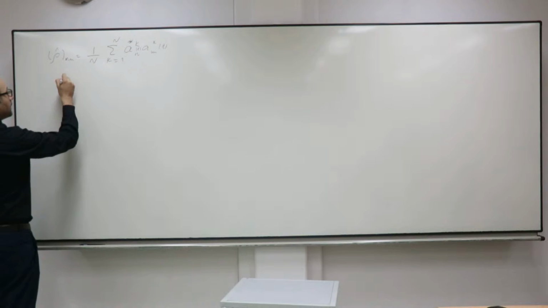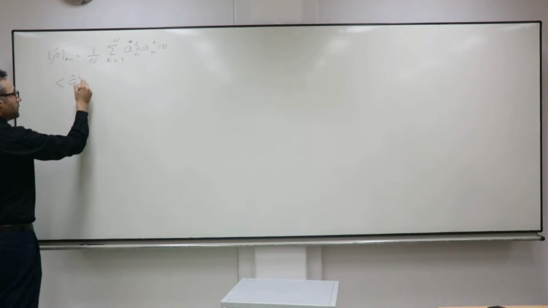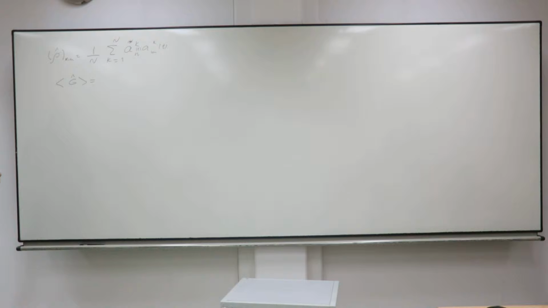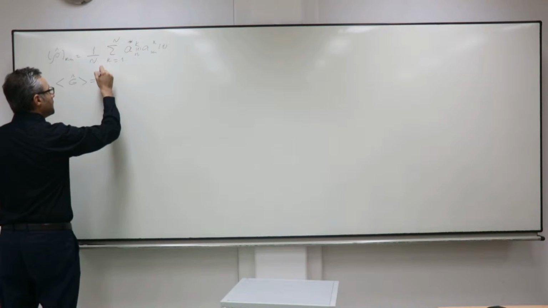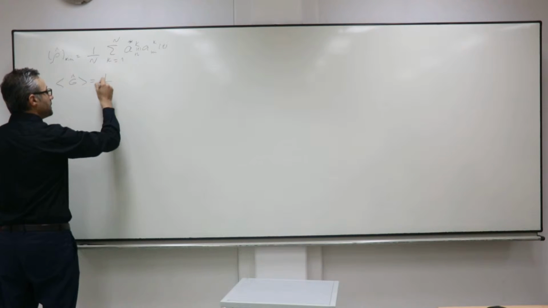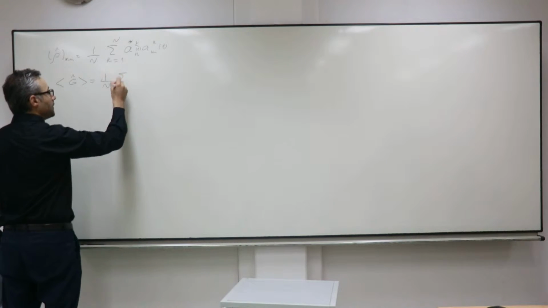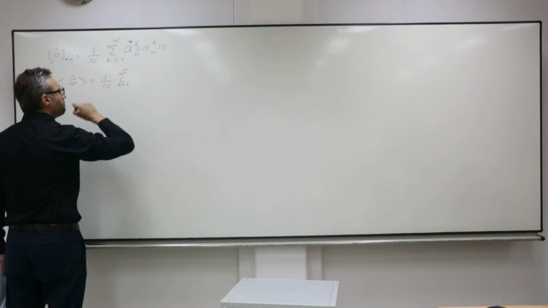we say that if you want to find the average of any statistical quantity, the average will be sigma over k from 1 to n.